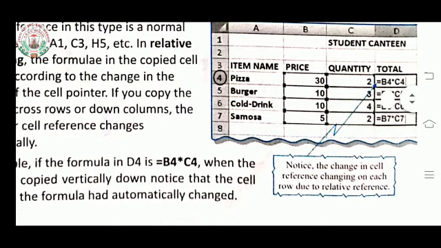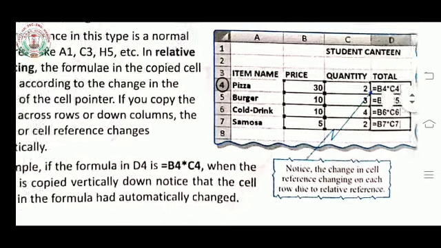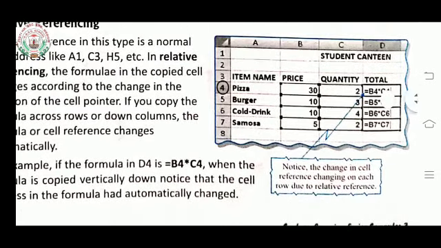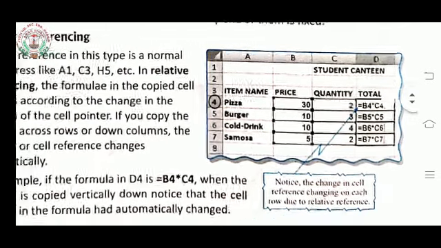Here it is blank, nothing is written. C3 means C column and 3rd row. What is written here? The word quantity is written for this particular picture.